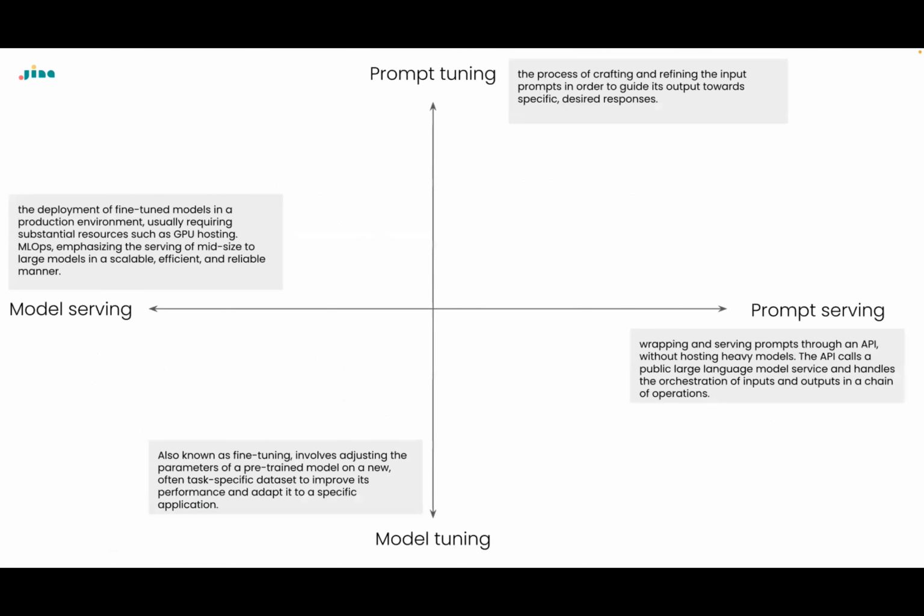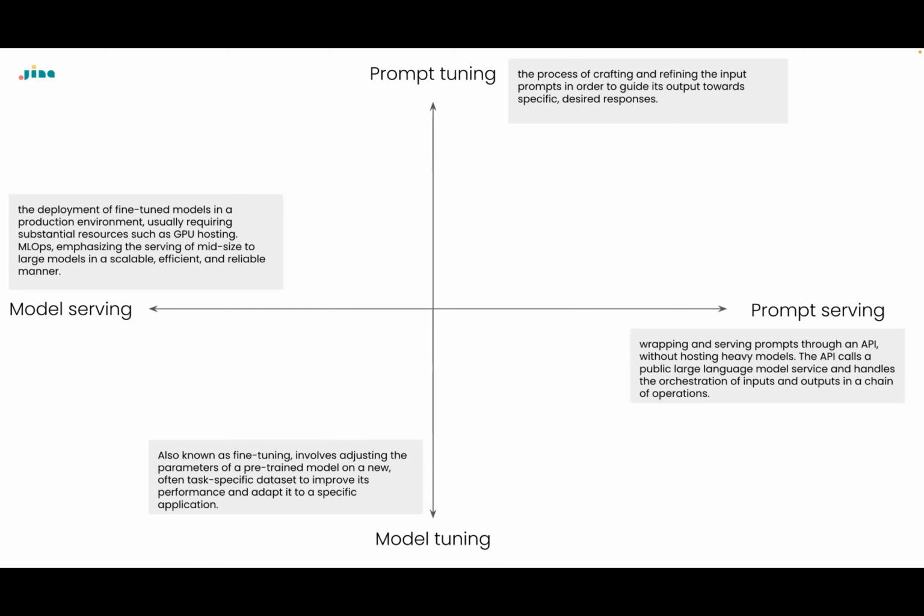So our company mainly focuses on these 4 technologies: prompt tuning, which is about optimizing the prompts for large language models and also text to image models, and prompt serving, which basically, you can think about LangChain as a very typical framework for orchestrating prompts, which is a kind of prompt serving framework.